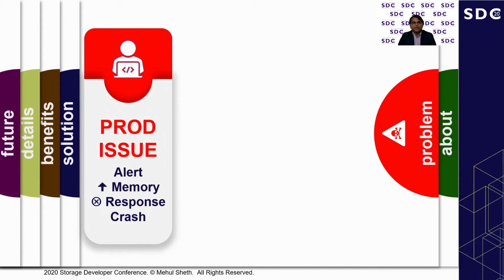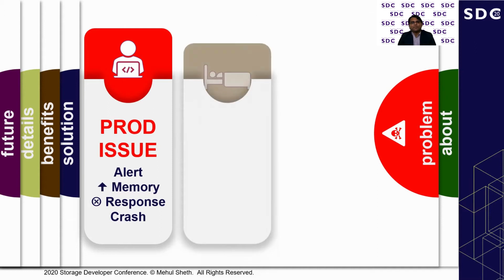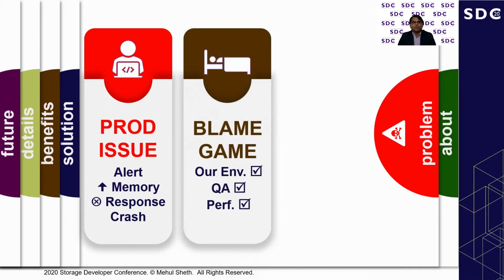Before he could wink, the application became unresponsive and eventually crashed. As soon as the developers are woken up, the first comment you get is, but it worked in our environments. The QA also confirmed that all their test cases had passed. This looks like a performance issue.